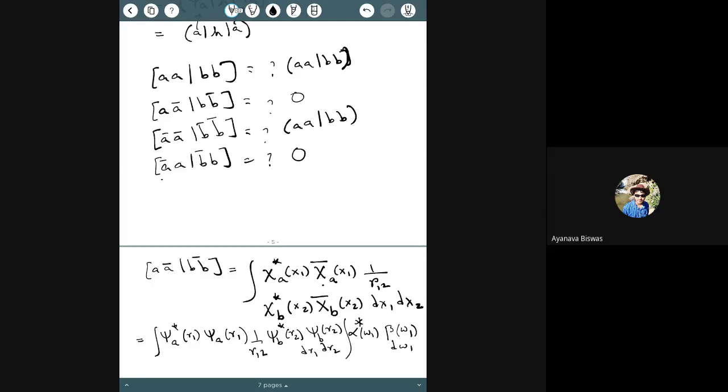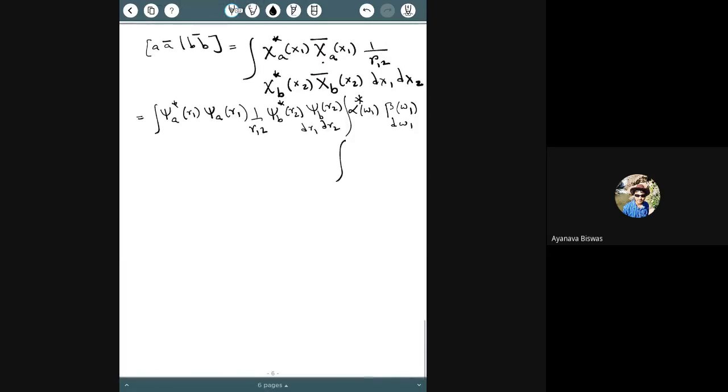Here you have dr1 dr2, and there is another spin integral, which is alpha omega 2 star from this, and beta omega 2 from here, d omega 2. And then this is 0, this is 0. So overall the integral is 0.